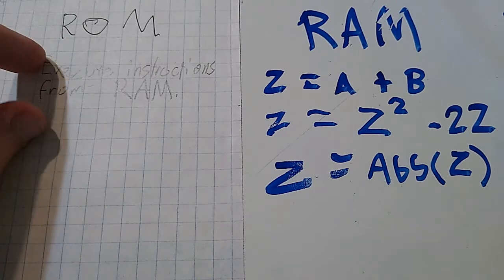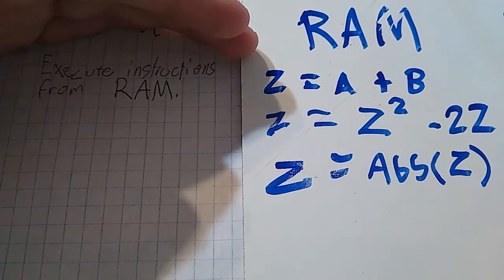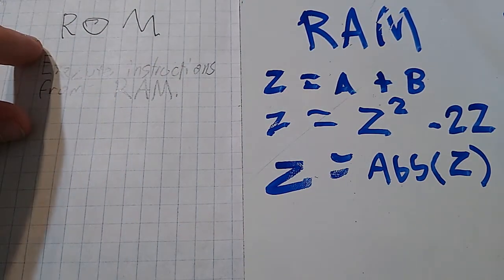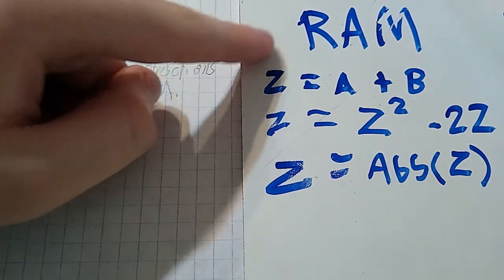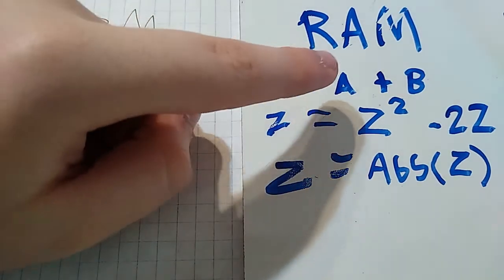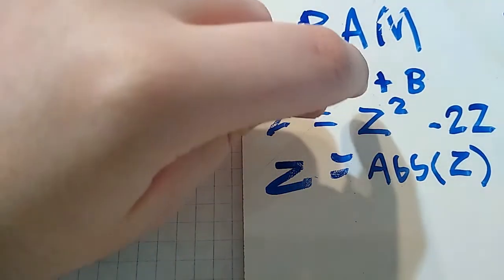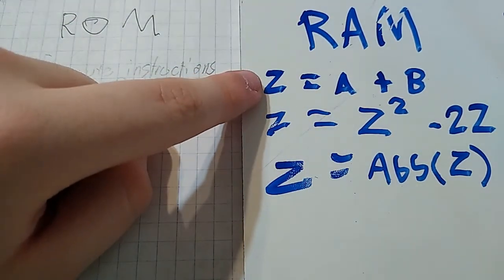So here's sort of a representation of the code you might find running on a microprocessor. Right here, it has the instruction, execute instructions from RAM. And so the microprocessor reads this and then looks over here. Then in RAM, it looks down and sees that z is equal to a plus b. So it adds a plus b and then moves it into variable z.